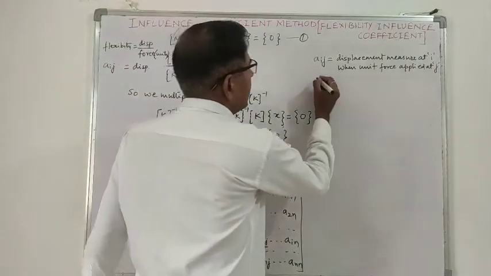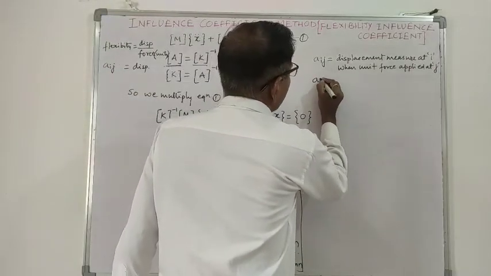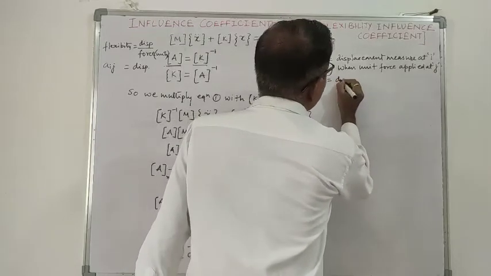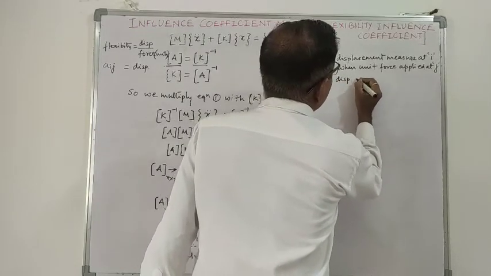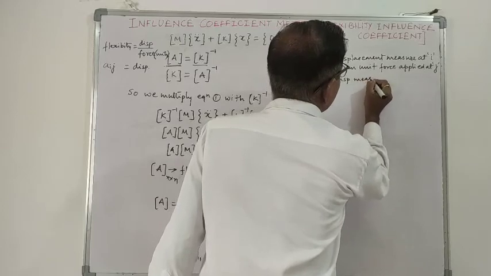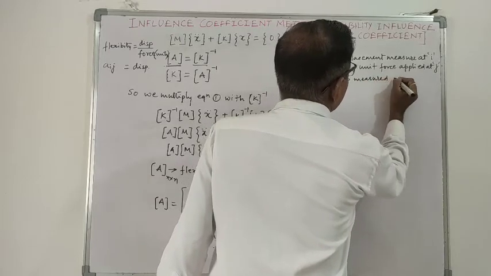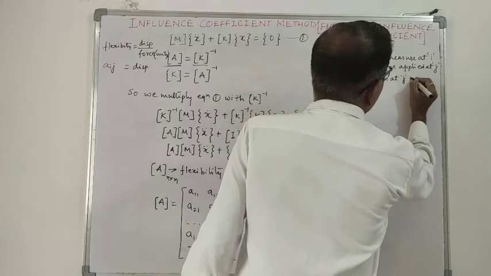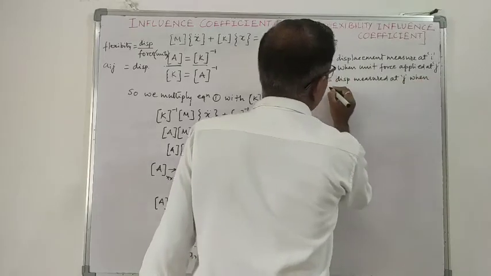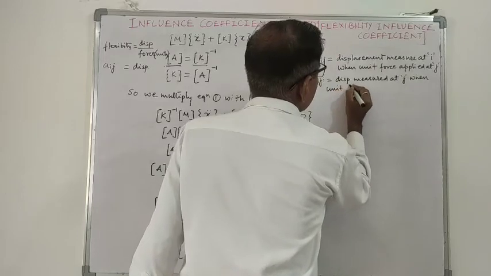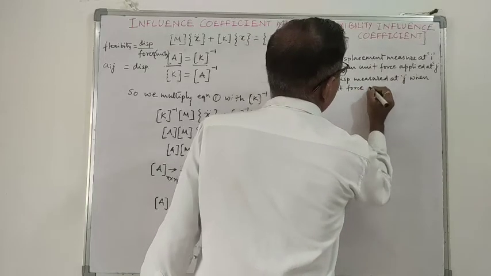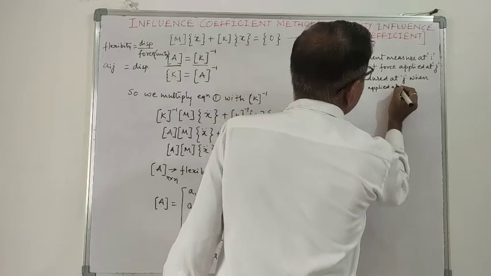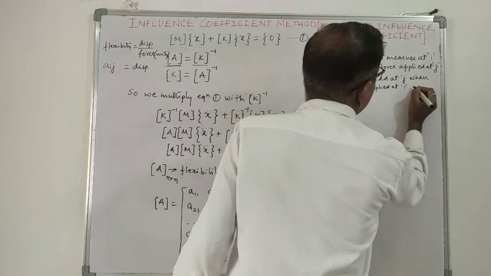Similarly, AJI is displacement measured at jth coordinate when unit force is applied at ith coordinate.